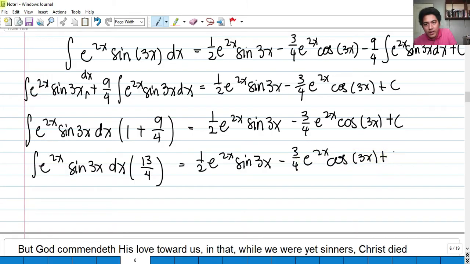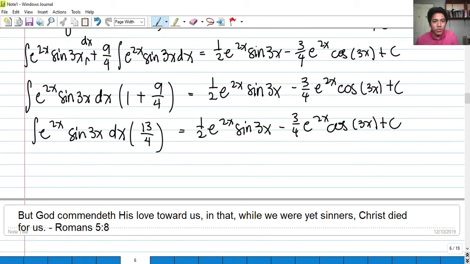So, what will happen here is I'm going to divide both sides of the equation by 13 over 4, or multiply both sides of the equation by 4 over 13. If I do that, obviously this would cancel.